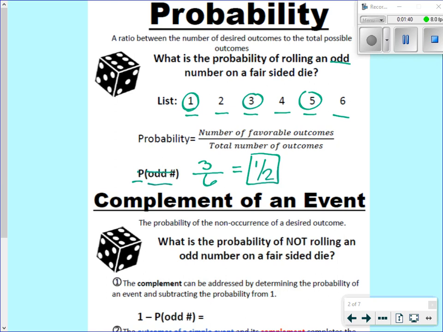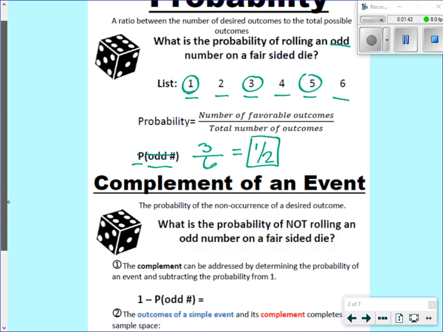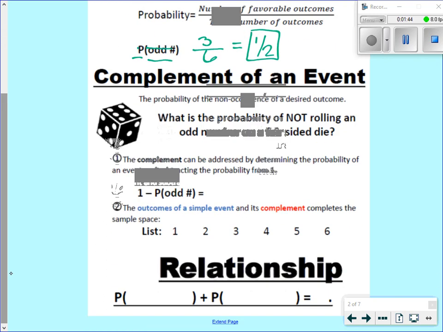Now, complement of an event is the probability of the non-occurrence of a desired outcome, so something not happening. What is the probability of not rolling an odd number on a fair six-sided die?